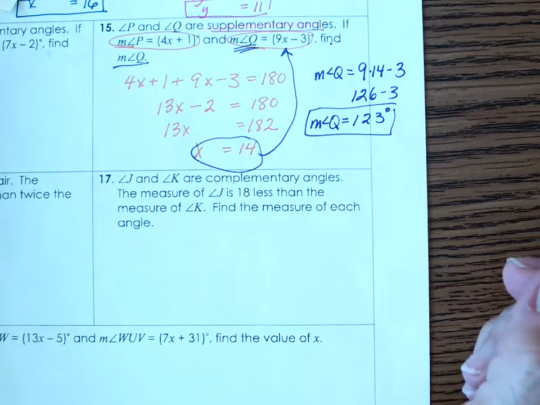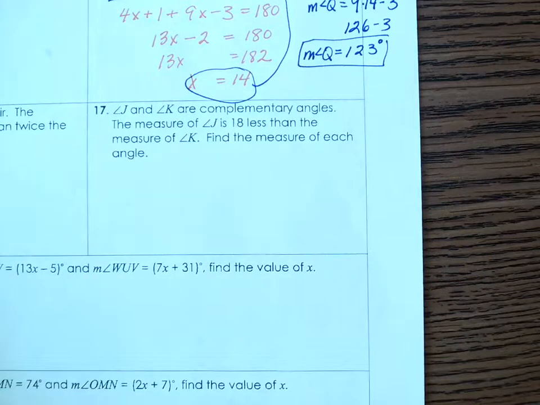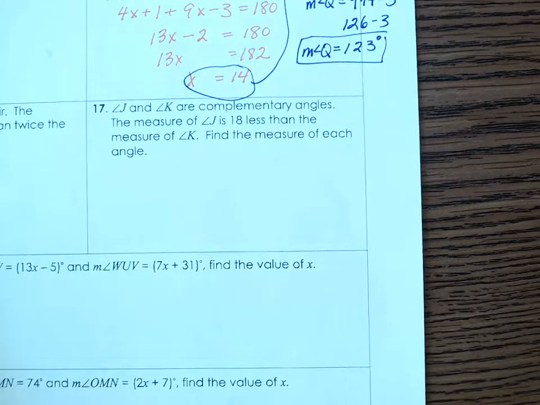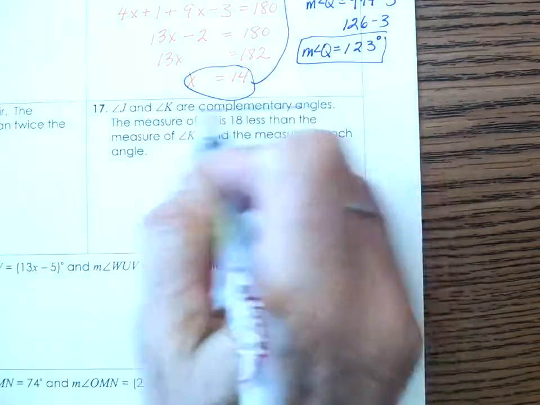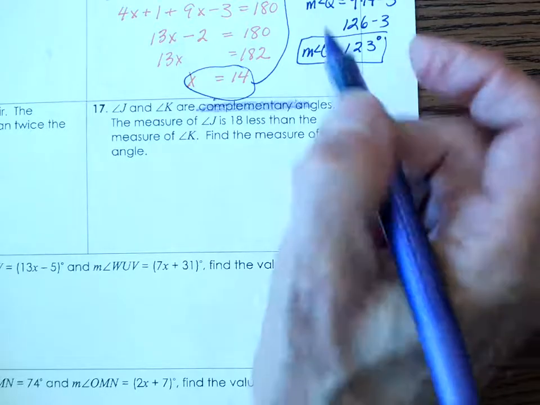Number 17. And this one reads that angles J and K are complementary. That means their sum is 90.